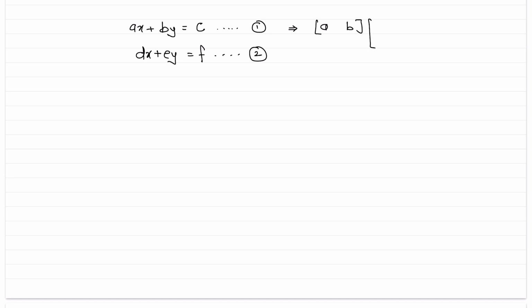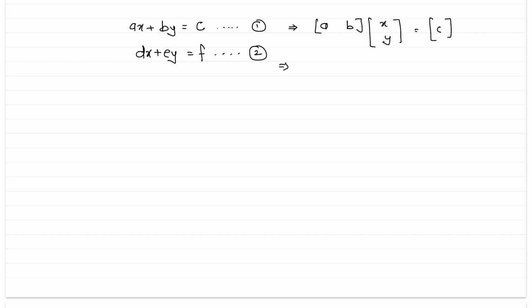Matrix AB multiplied by column XY is equal to matrix C. Similarly, the second one, matrix DE multiplied by matrix XY is equal to matrix F. These are all arbitrary numbers.